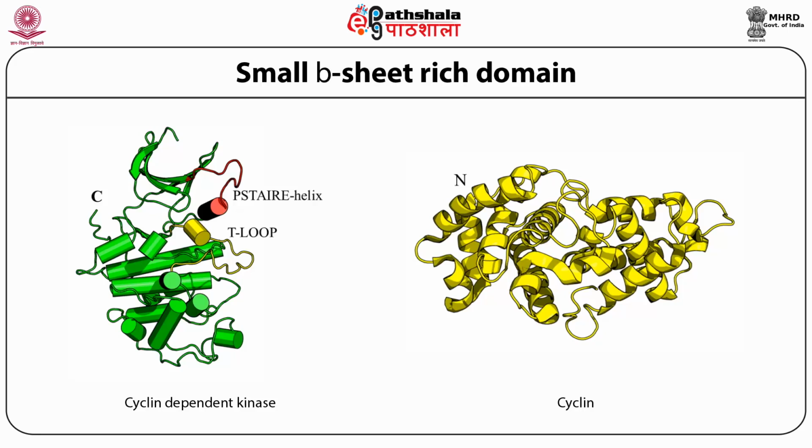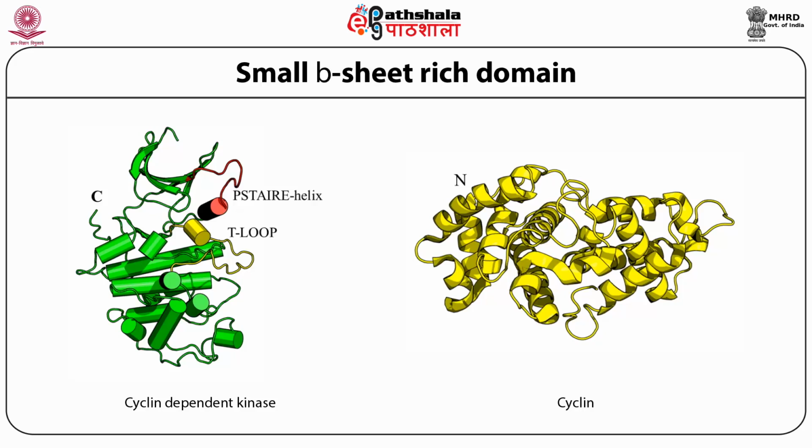One is called the T loop, and the other is called the PSTAIRE helix. PSTAIRE is the sequence of the helix, made up of proline, serine, threonine, alanine, isoleucine, arginine and glutamic acid. These two are very flexible in nature.